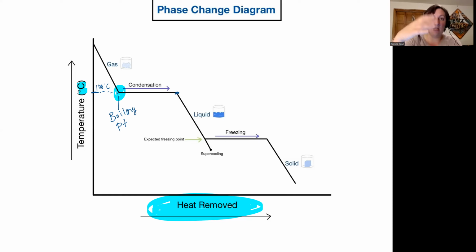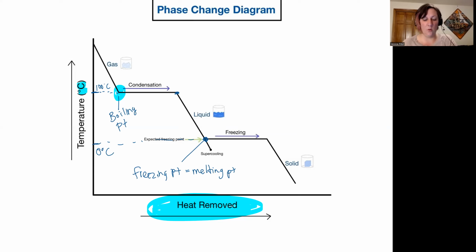And then the temperature, as you continue to remove heat, will drop and drop on that liquid until it hits its freezing point, which is the same as its melting point, which is 0 degrees Celsius for water.